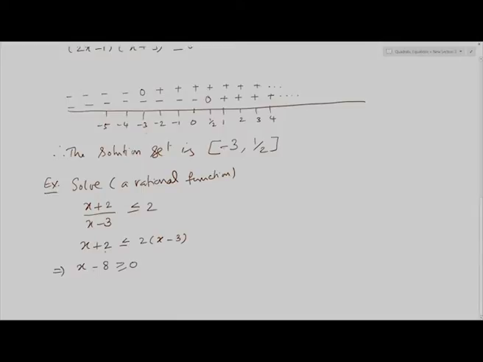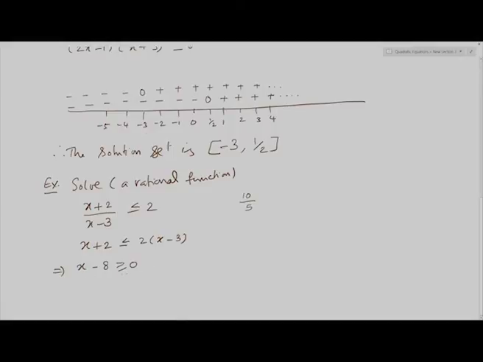Obviously, when x is equal to 8, the numerator will be 10 and the denominator will be 5, so it is less than or equal to 2, which is fine. Similarly, if I take x = 9, the inequality is still satisfied.